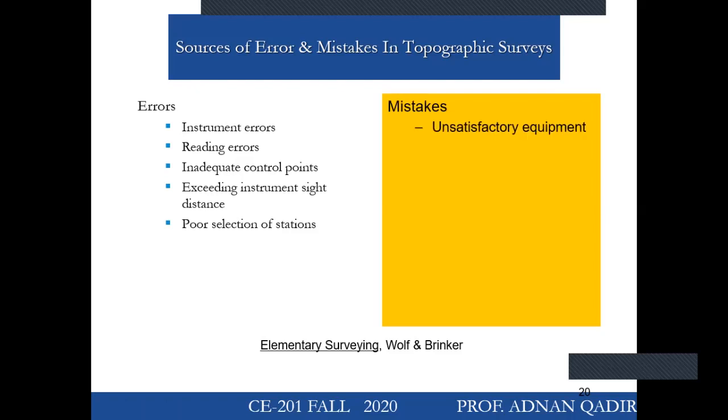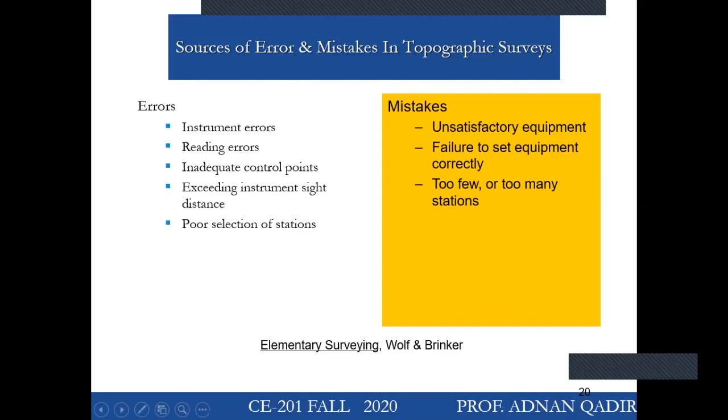Sometimes the error may be that we did not use the correct equipment. Maybe the instruments were not level or not set according to requirement. There is a difference between errors and mistakes. Mistakes can be rectified as well.